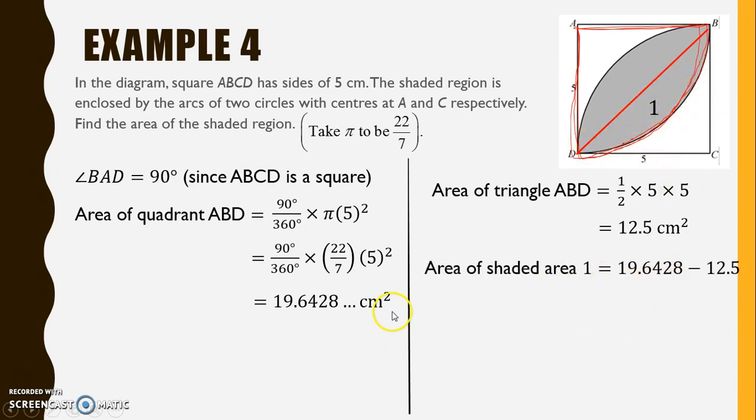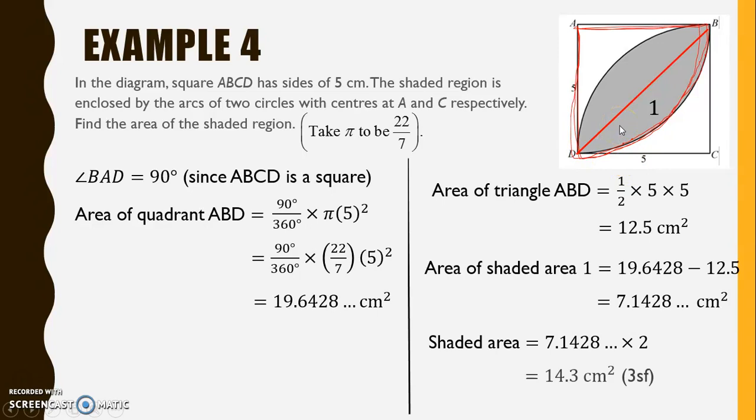So area of shaded region 1 is just 19.6428 minus 12.5, which will give me 7.1428. Now, don't round this off yet because you notice that these two are actually the same shapes. So to find the total shaded area, you need to multiply it by 2, and you will get 14.3 centimeters squared to 3 SF.